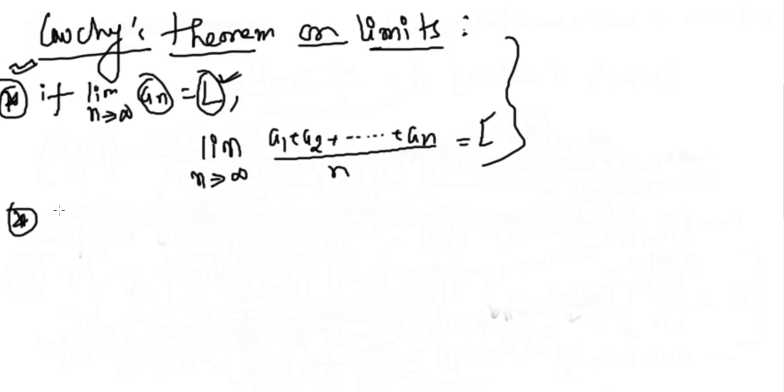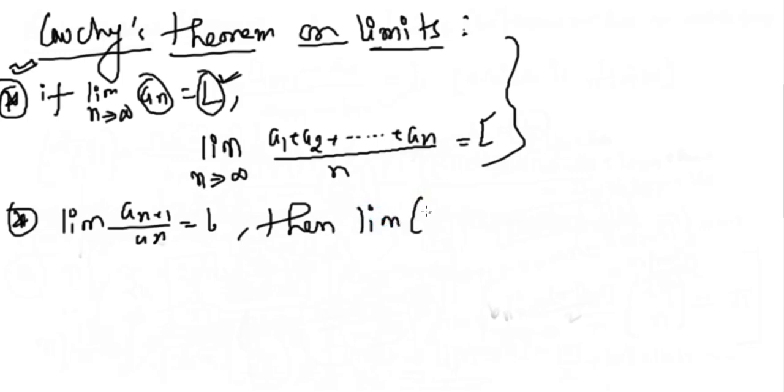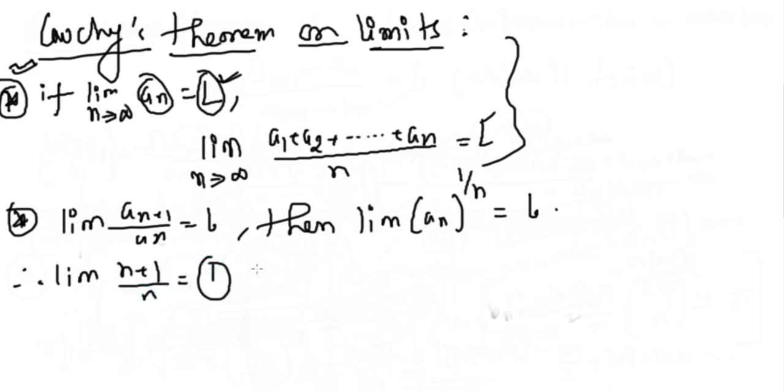This says that if limit an plus 1 by an equals L, then limit an to the power 1 by n equals L. A good way to answer this is if limit, let's say n plus 1 by n actually equals 1, isn't it?